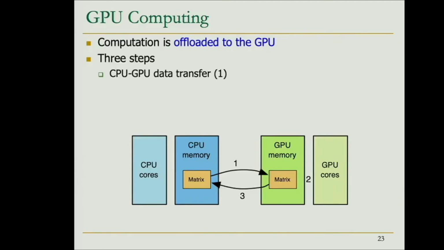So the first thing to do is to transfer input data from the CPU memory to the GPU memory. Second step, performing the computation, or kernel execution, or multiple kernel executions. And finally, we will transfer the results back from the GPU memory to the CPU memory. So these are the basic steps, especially in discrete GPUs, which are the most common ones.